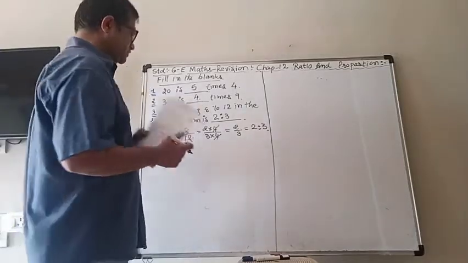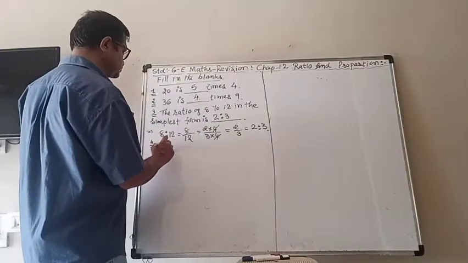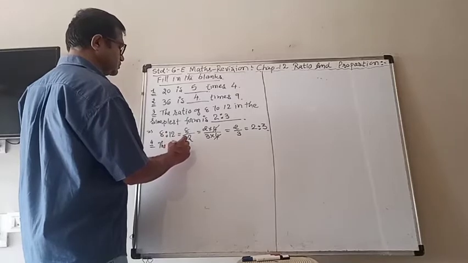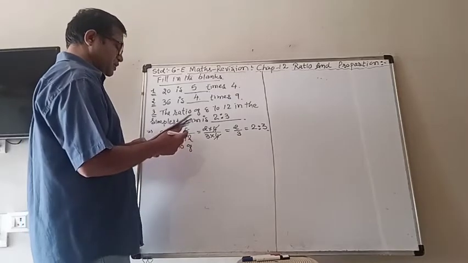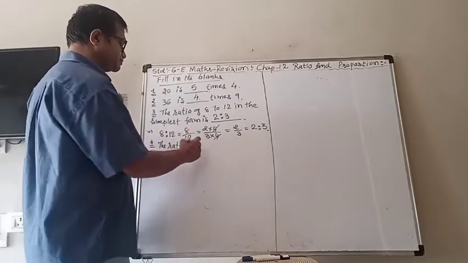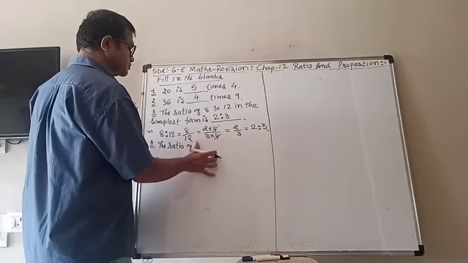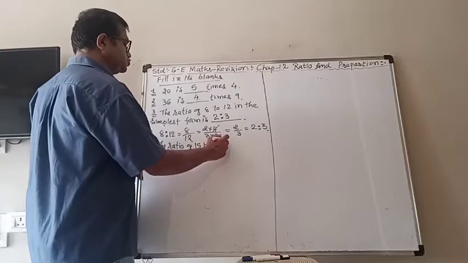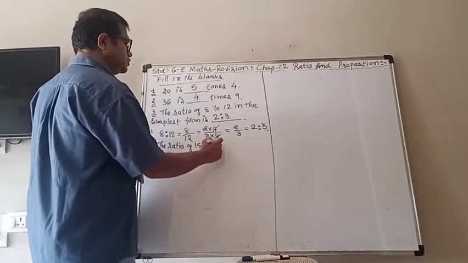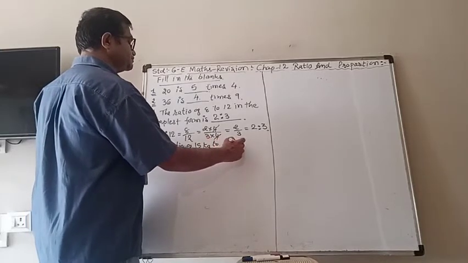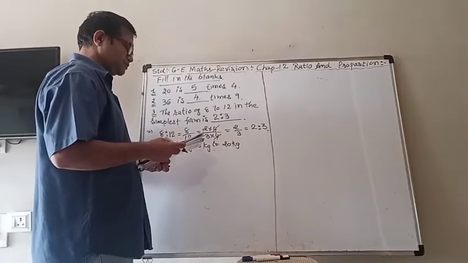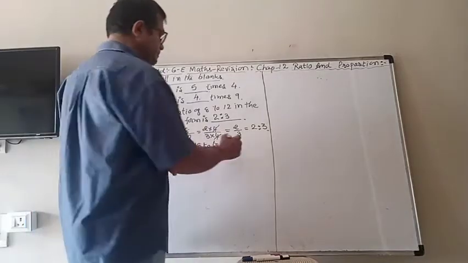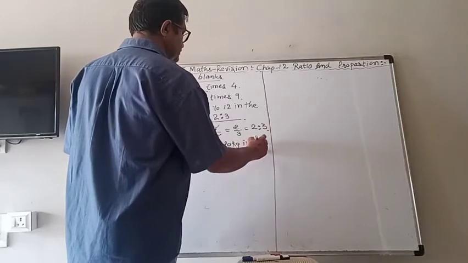Fourth, the ratio of 15 kilogram to 20 kilogram in the simplest form is blank.